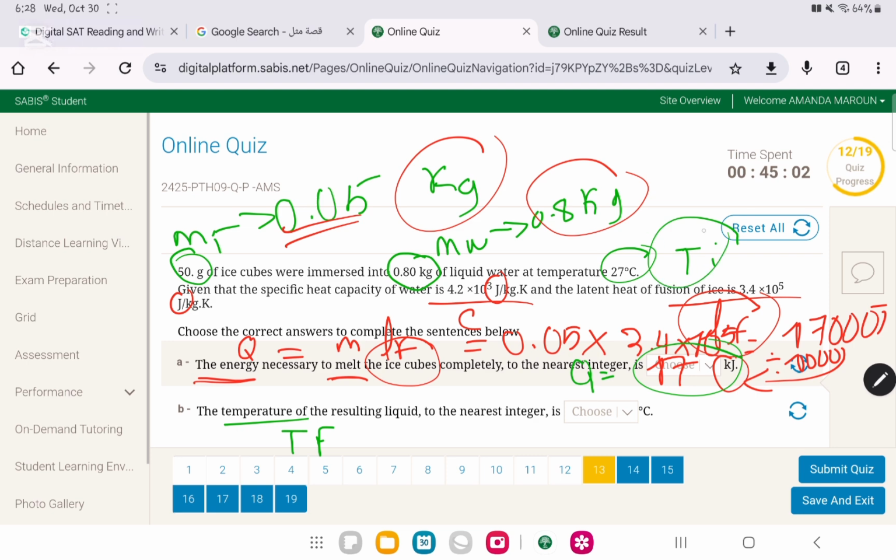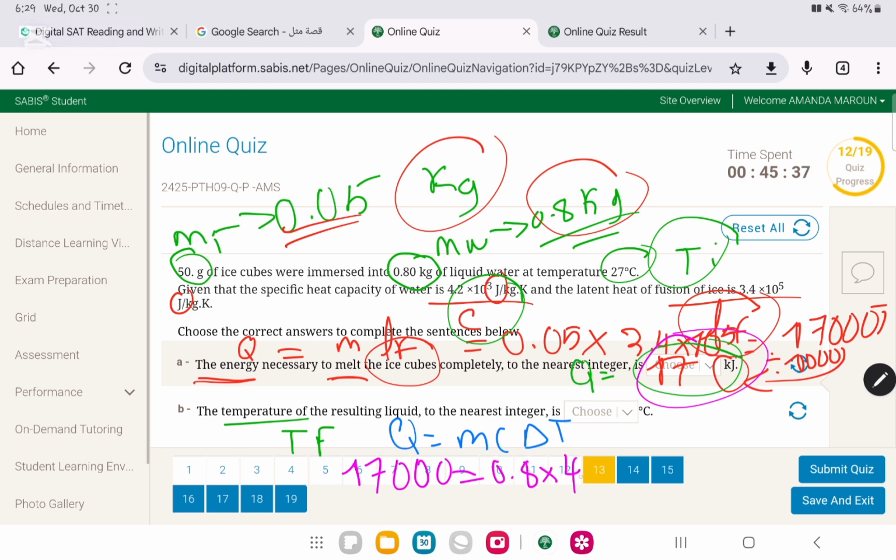Knowing we have temperature initial, we have C, and we have mass of the liquid water, which is 0.8 kg, we can solve the equation very simply by applying the rule Q equals MC delta T. So Q given from here is 17 kilojoules, which is 17,000 joules. It's equal to the mass of liquid, which is 0.8 kg, times the C, which is 4.2 times 10 to the power of 3, times the change in temperature.